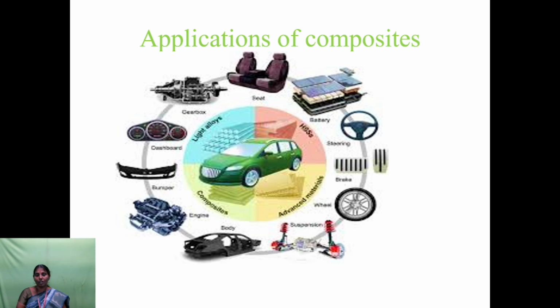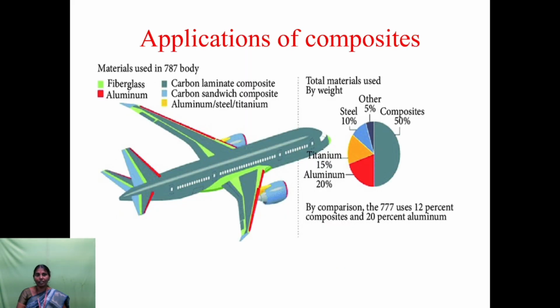Materials used in the 787 body: fiberglass, aluminium, carbon laminate composite, carbon sandwich composite, steel, titanium. Total materials used by weight. By comparison, the 777 uses 12% composites and 20% aluminium.